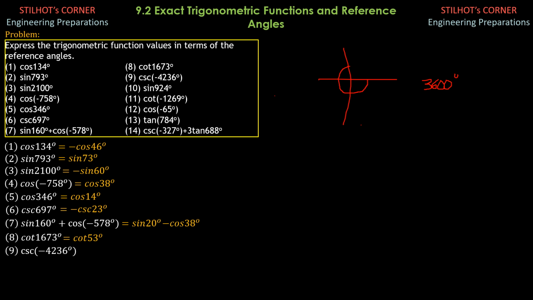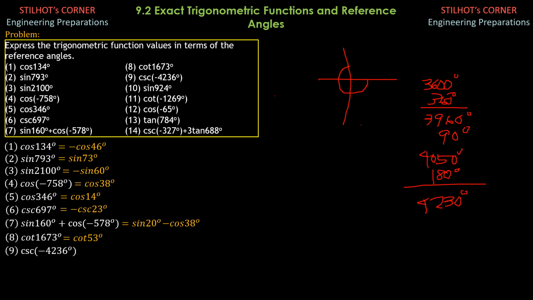So just 1 revolution, 360. So that's already 3960. 3960 plus 90 is 4050. 4050 plus another 180 degrees, so that's 4230 clockwise, or negative 4230.